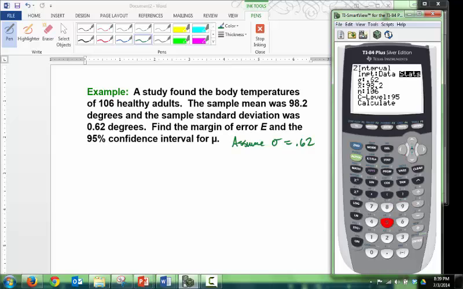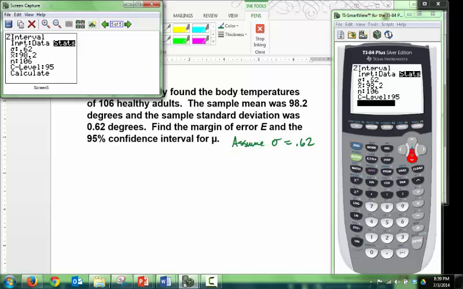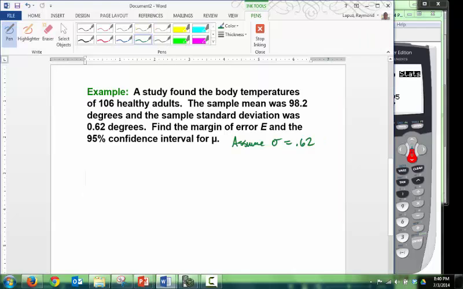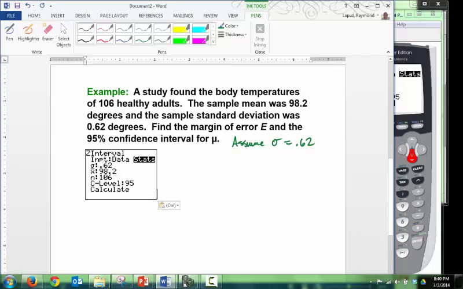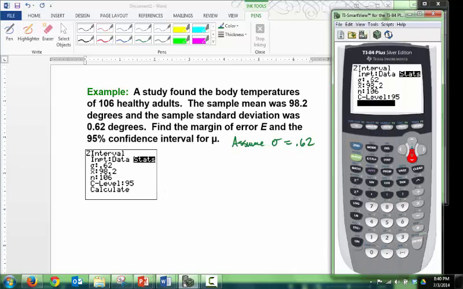Turns out that if you put 95 and you forgot to put the decimal there, that should also work okay. So you put in those values and you hit calculate, and you're going to get your answer rather quickly, pretty much the same as the other one.